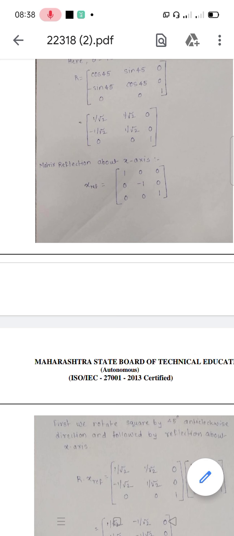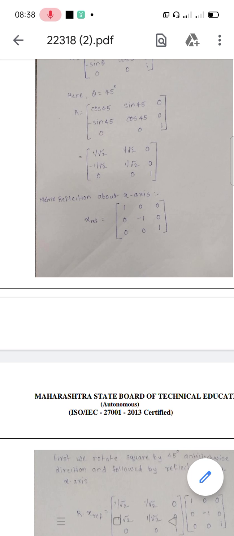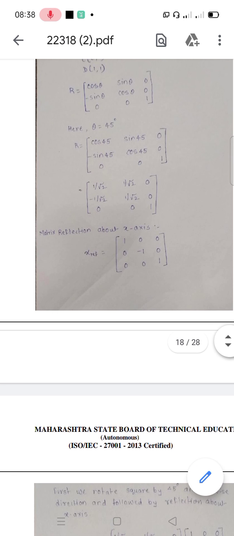If it is a singular transformation, you can directly multiply that transformation matrix with the coordinates of the computer object. Otherwise, if it is a composite transformation, you have to find the composite transformation matrix by multiplying the set of operations. So here, rotation and reflection, you multiply the rotation matrix with the reflection matrix in the given sequence, and you obtain the composite transformation matrix.